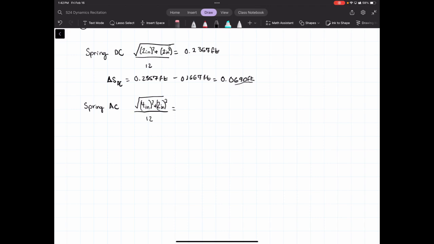And that's going to be 0.3727 feet. And again, same thing, we need to find the displacement. So subtract the unstretched distance, and we get a delta S of 0.2060 feet.